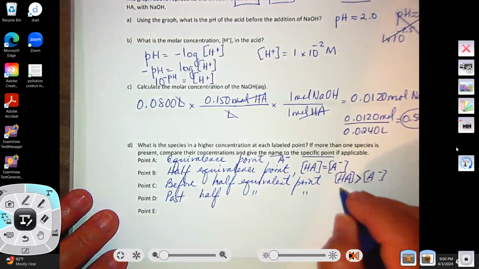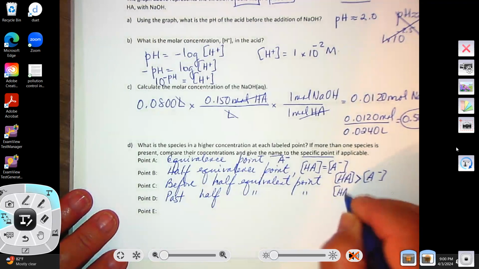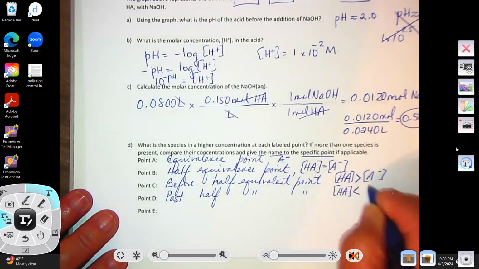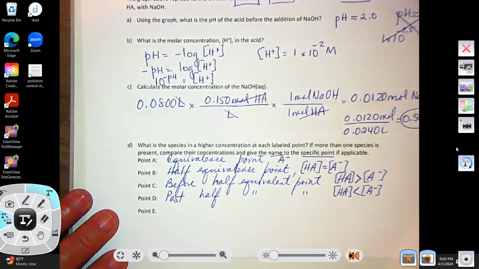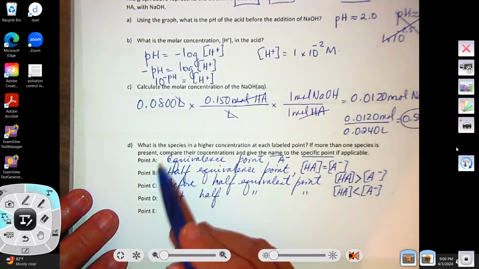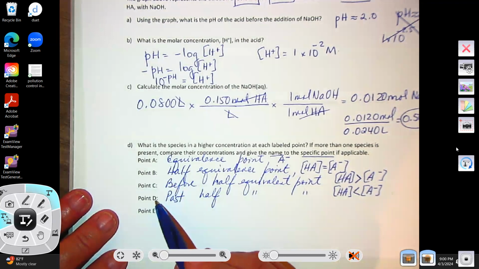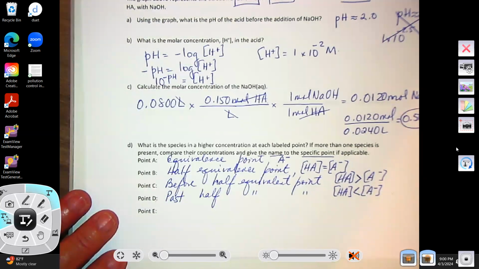And then once you pass half, the concentration of your acid is going to be less than the concentration of the conjugate base. Again, at no time during any of these 4 points, you're going to have sodium hydroxide. The sodium hydroxide is your limiting reactant all the way up to the equivalence point.